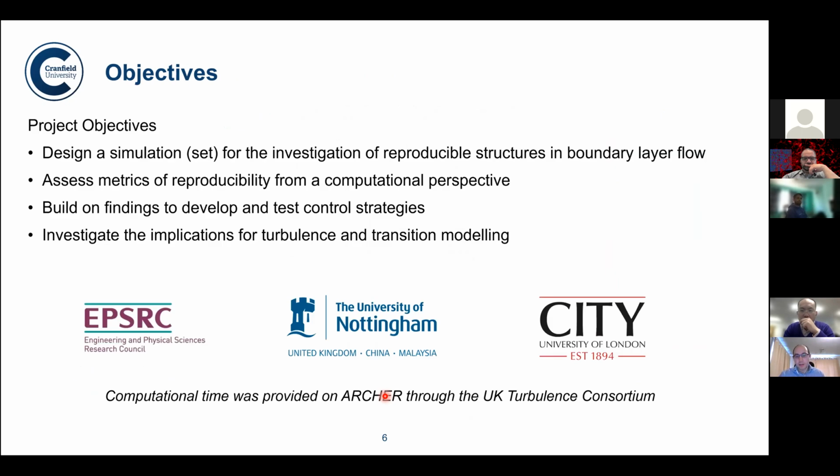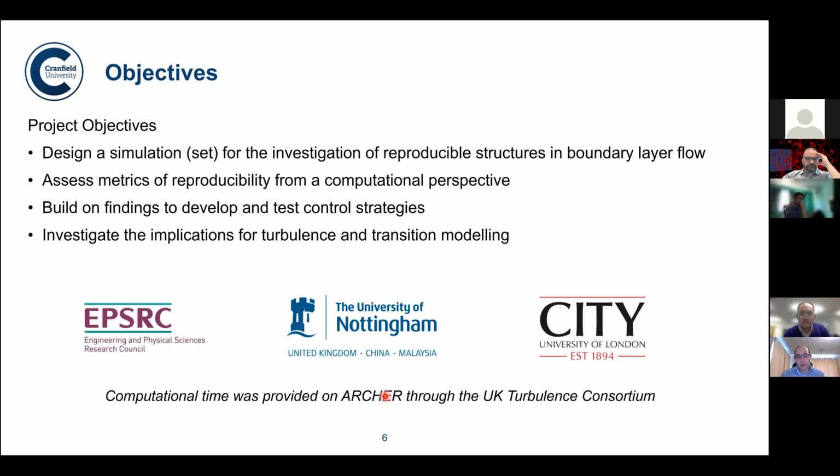This project is in collaboration with the experimental part, who worked at Nottingham and City, with Professor Kinzo Shua and Professor Michael Gaster at City. They used the Gaster wind tunnel for low background noise transition experiments, and we were doing the computational part of the work.